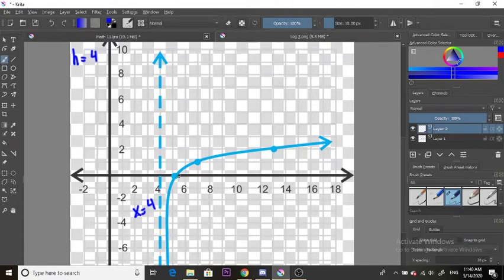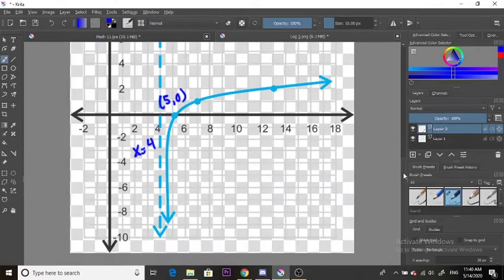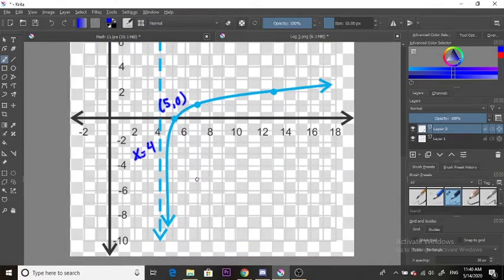And now here, this is my intercept. So that's at (5, 0). So just to make a little note here, because this is my asymptote, my equation for the x coordinate is 1/b + h, and it should be equal to 5.